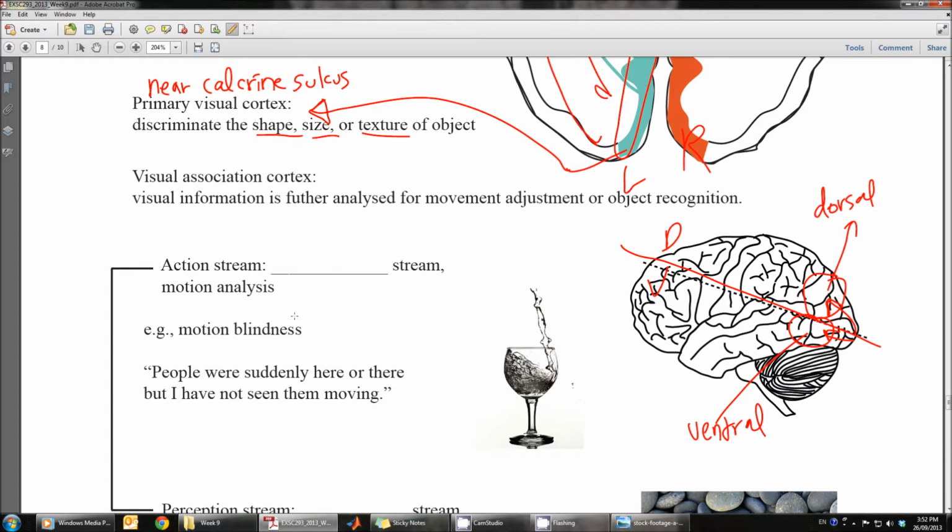So dorsal stream is also known as action stream, and the function of this stream is, after discriminating the object, you can also analyze the motion or movement of the object.